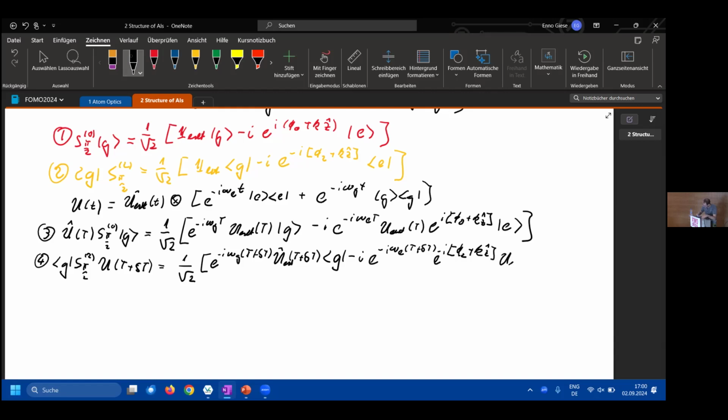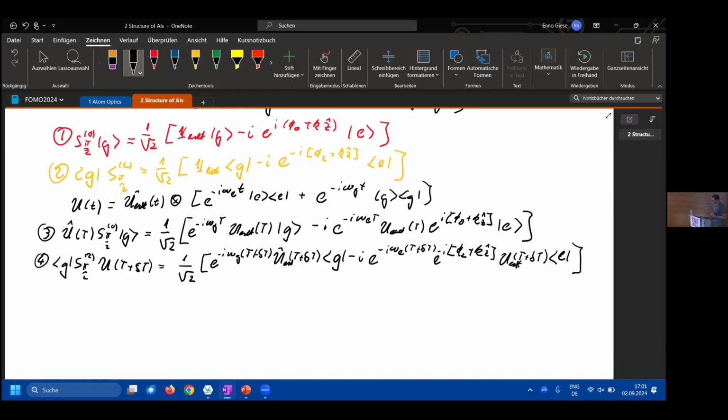And now I have U external of T plus delta T. And then I have, from the left, the excited state. Okay? So this is just multiplying, I'm sorry, from the right now, this operator. And we see here the order is different, and that will tell us something later on.